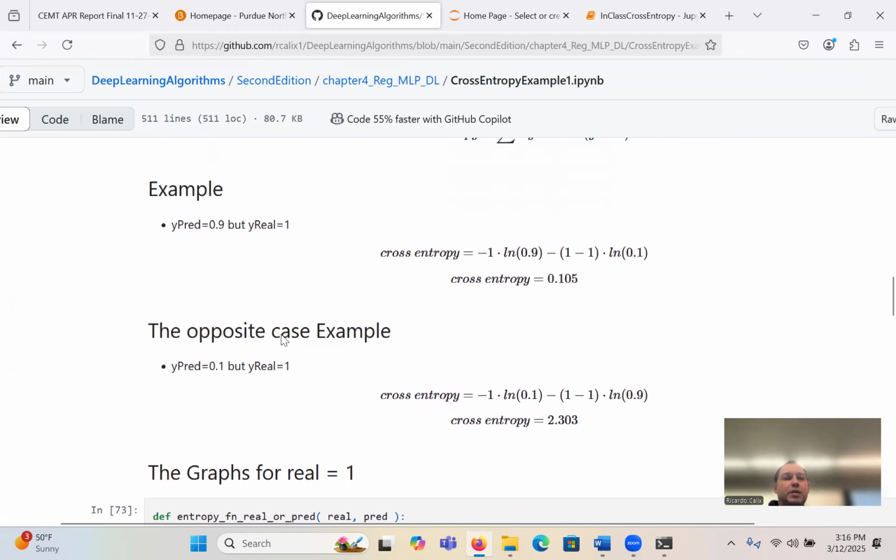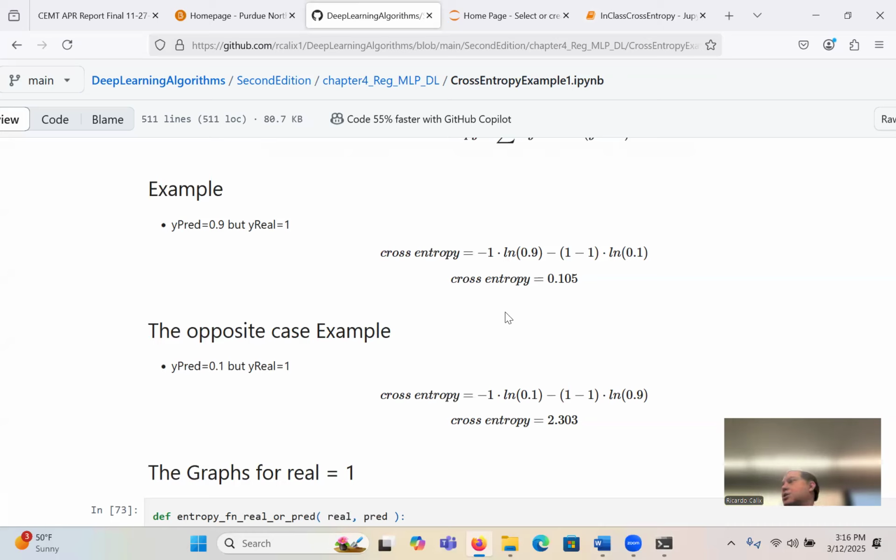In both of these examples, the y real was always 1. So this part here was always 0, and we were just looking at this part, and this had a graphical representation.